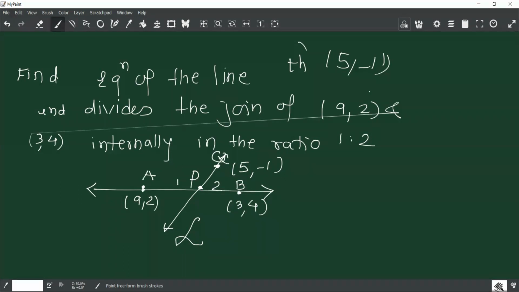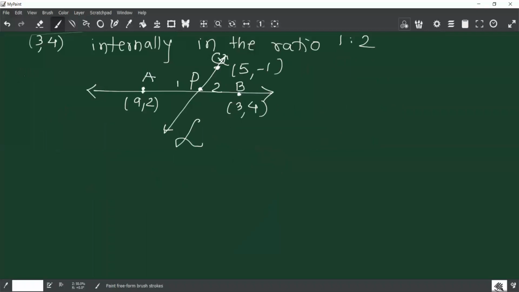Yes, please go ahead. We will have 2 points in the end. Yes, one is given. Perfect. So use the section formula, get the coordinates of point P. I told you that day also.